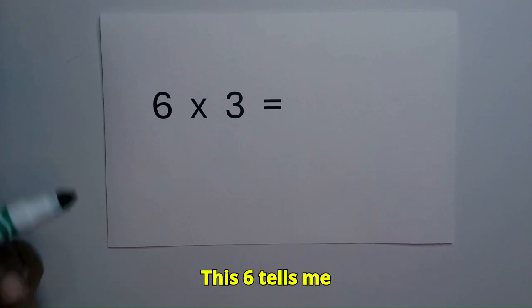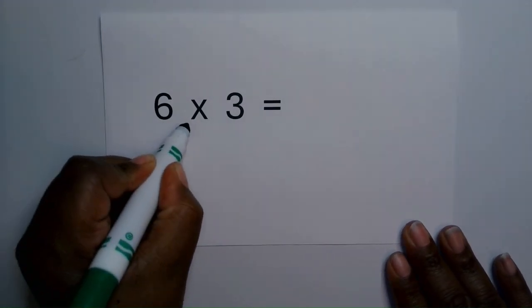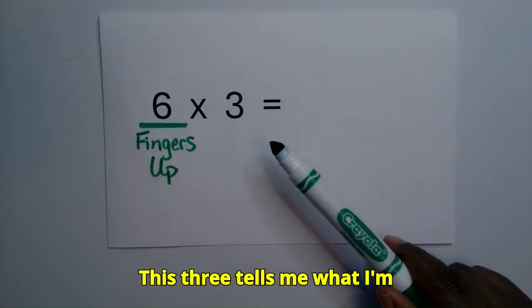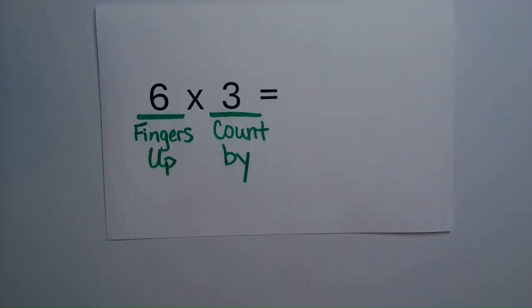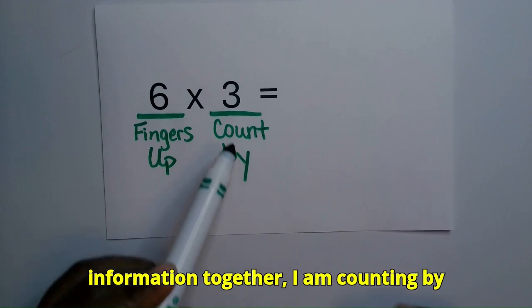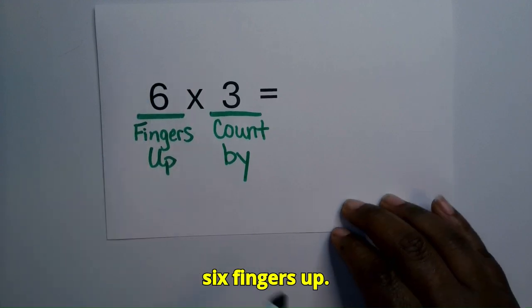This 6 tells me how many fingers will be up. This 3 tells me what I'm counting by. When I put those two pieces of information together, I am counting by 3s until I have 6 fingers up.